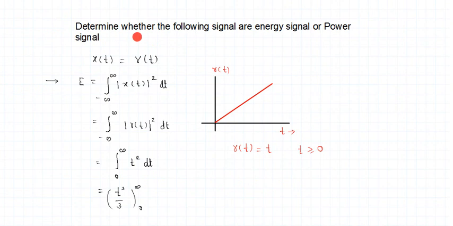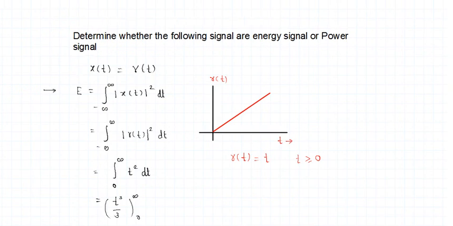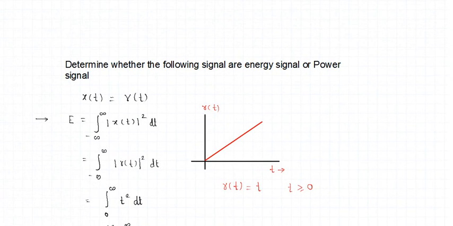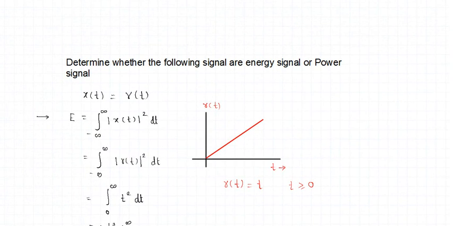Next problem: determine whether the following signal is an energy signal or a power signal. And what is the question? The question is x(t) is equal to r(t). Now what is r(t)? As we know, r(t) is a standard signal, the ramp signal. r(t) takes a value of 0 when t is 0, a value of 1 when t is 1, a value of 2 when t is 2, a value of 3 when t is 3, and so on.